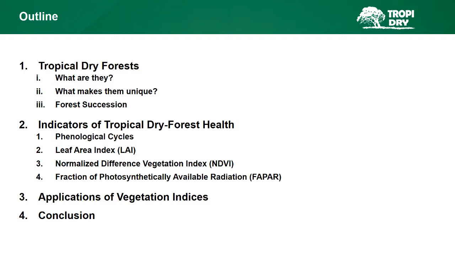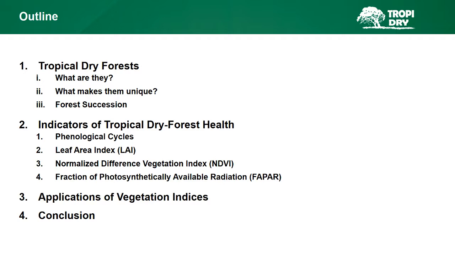So, a lot of the old growth primary forests that originally existed when the Europeans came over is gone. So, a lot of the forests that we study nowadays is called secondary growth forest, or a forest that is starting to recolonize that historical range that used to exist.